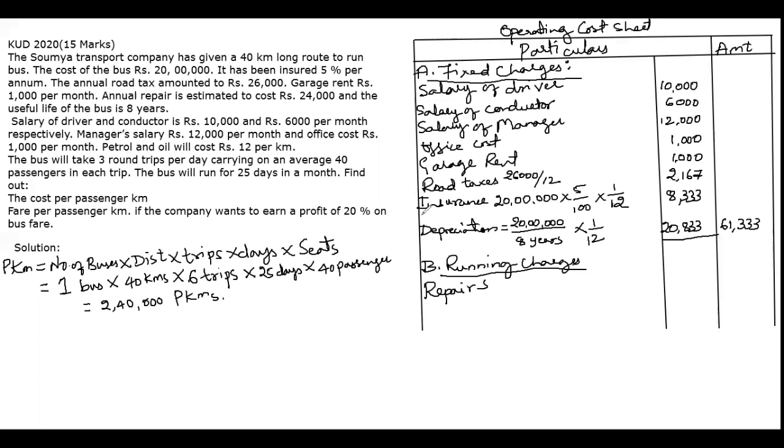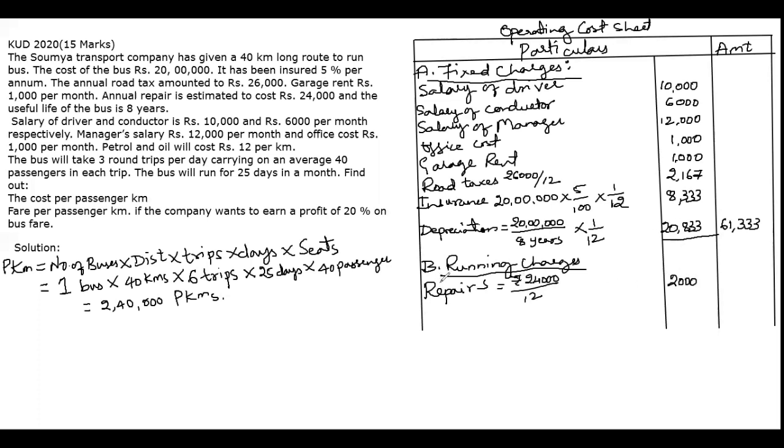So you can see here, annual repair is estimated to cost rupees 24,000. Annual means it is per annum. Per year we have to convert it into per month. That is 24,000 rupees divided by 12 months. It comes to 2,000.